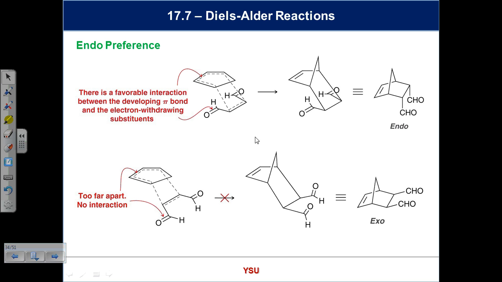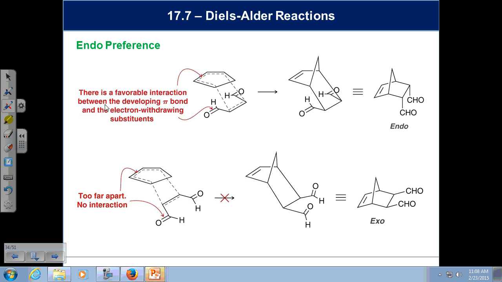At the top, we get the endo type of system, in which we're taking the diene and landing it on top of the double bond, and the carbonyls are underneath the diene. As opposed to the bottom, where we're adding the diene from the top and the carbonyls are pointing away from the double bond. That will give you the exo isomer. So it turns out that the one at the top is more stabilized than the one at the bottom. Some people believe this, some people don't. I think it's fine in terms of an explanation.